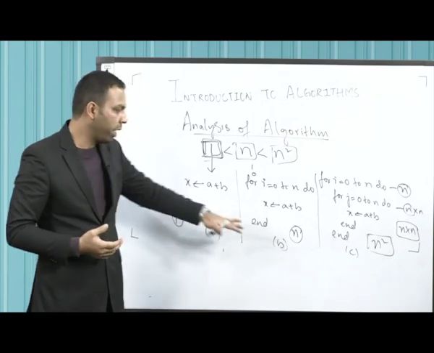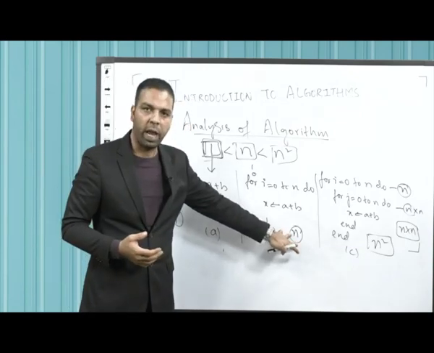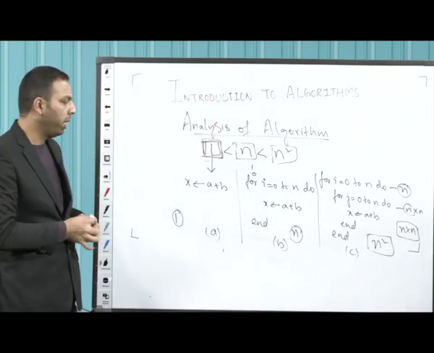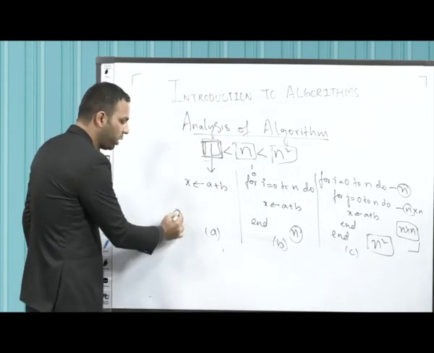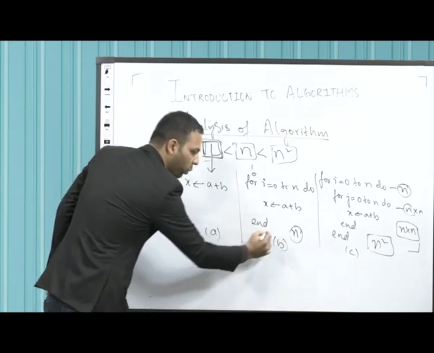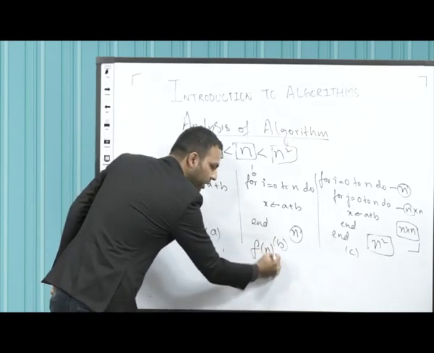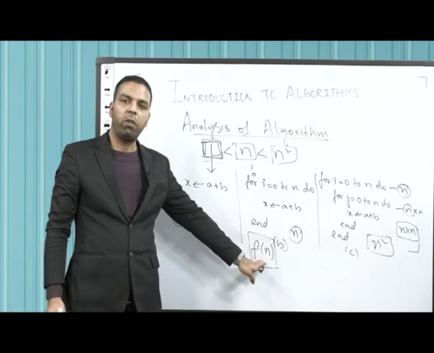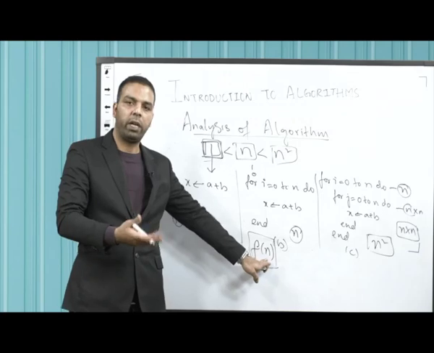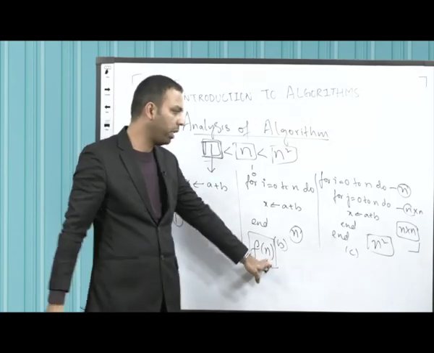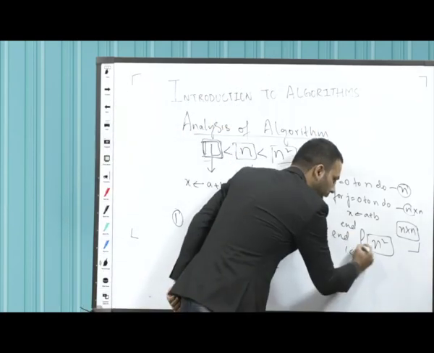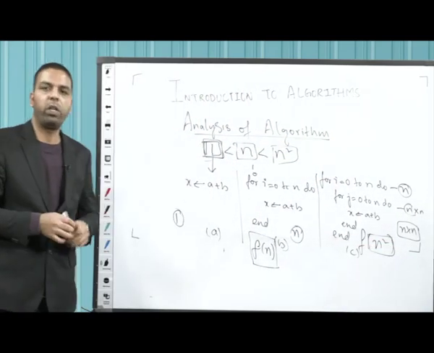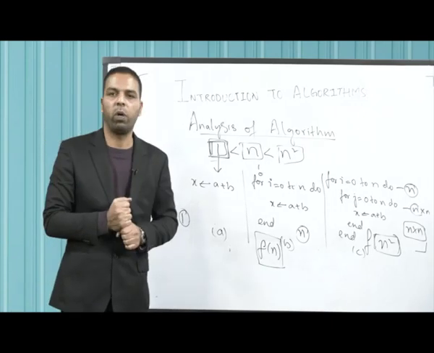This input is of size n, and this is n square. If we take it as a function, this one is a constant function, and this is f of n, which means the algorithm works linearly with respect to the input size, and this one is f of n square, which means it is quadratic. So it is square times the size of your input.